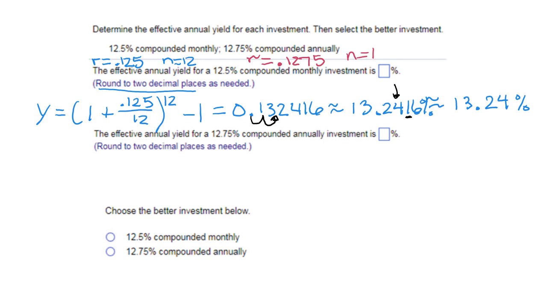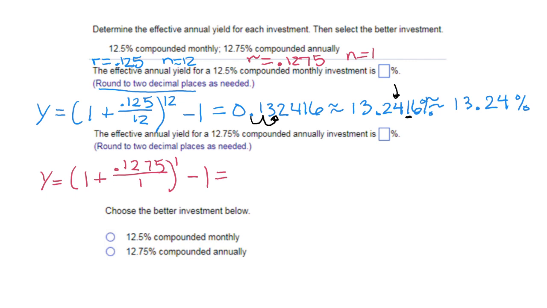All right, let's take a look at the second investment. This one we have Y is equal to 1 plus the interest rate, 0.1275, divided by the number of compoundings, which is just 1, and then we subtract 1.